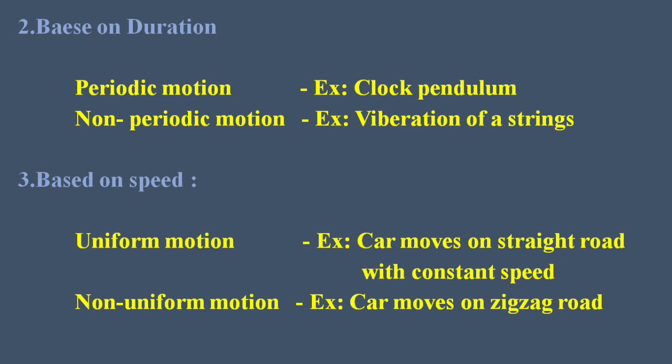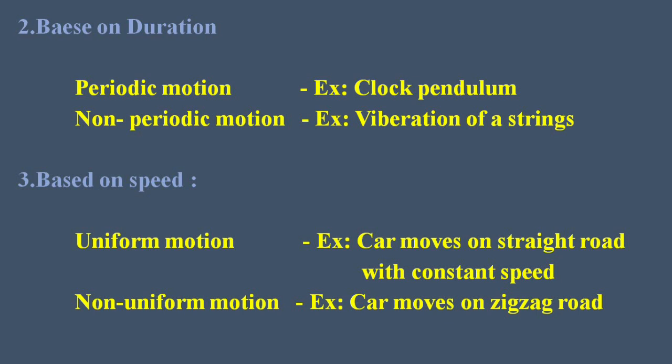It automatically differs if you move the car in a circular manner. If you move the car in crowded places, we push the brake and so on, so definitely the speed will vary. So a good example of non-uniform motion is a car moving on a zigzag road. Non-uniform motion is nothing but a car moving at varying speed. Uniform motion moves at a definite, constant speed.